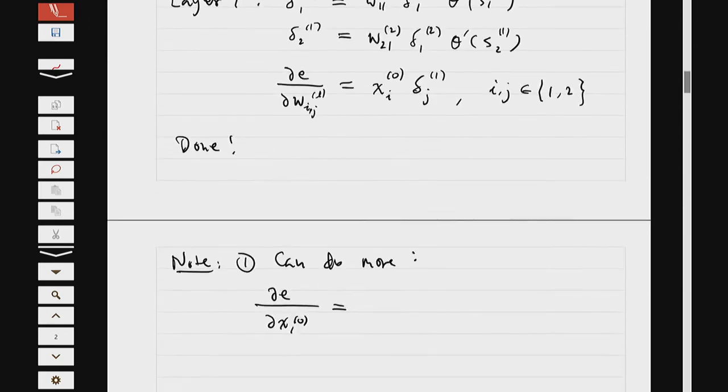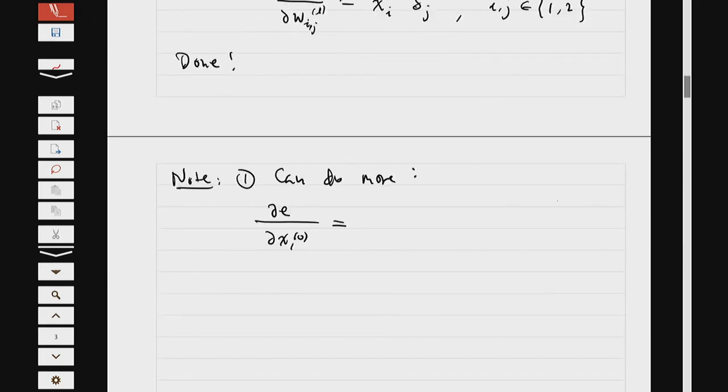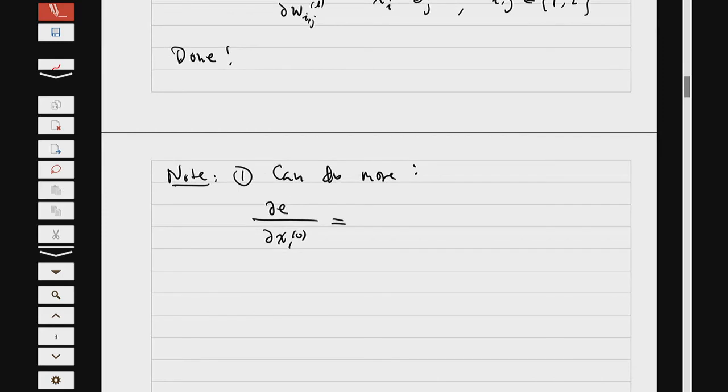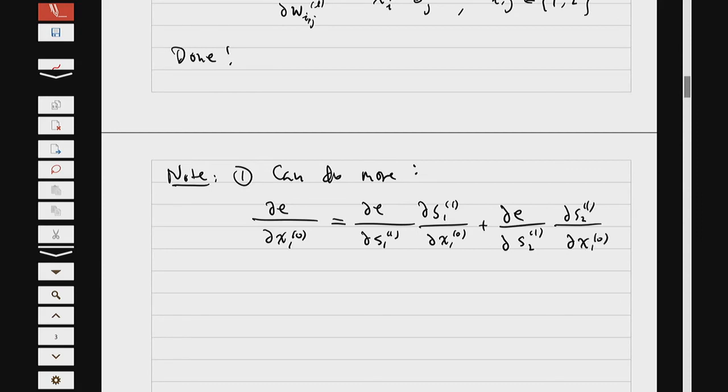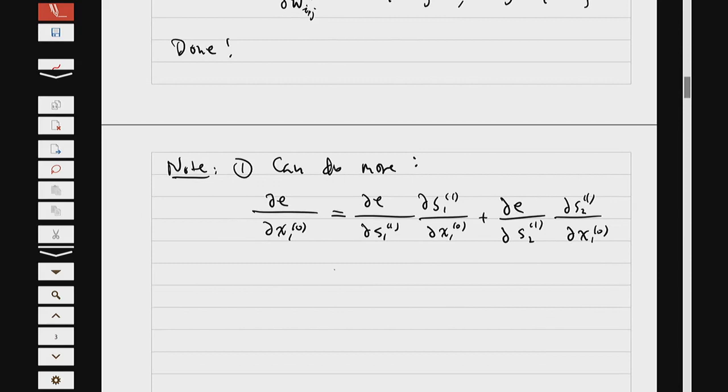Because x1 goes through S1 of 1 and S2 of 1 to go to E, to find the partial of E with respect to x1, we can do partial E over partial S1 of 1, times partial S1 of 1 over partial x1, plus partial E over partial S2 of 1, times partial S2 of 1 over partial x1. Just a fancier form of the chain rule of differentiation.